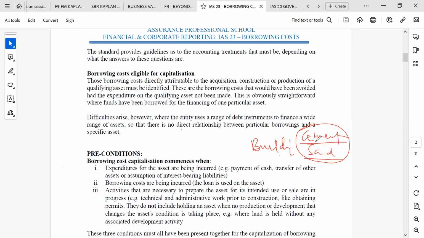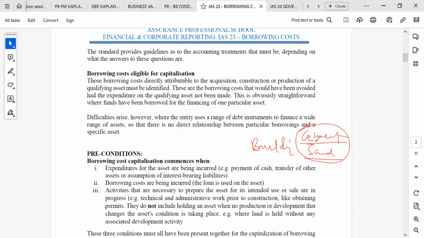It means that we are going to start constructing the asset under consideration, or the actual work on the asset has taken place and we have paid the people. That is where the expenditure for the asset has been incurred, or we have paid the contractors, or we have purchased some of the items that are necessary to start the construction.